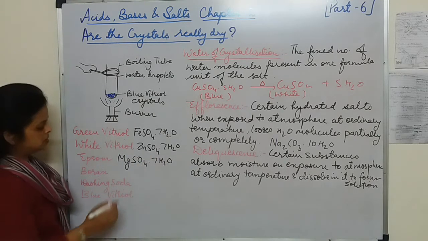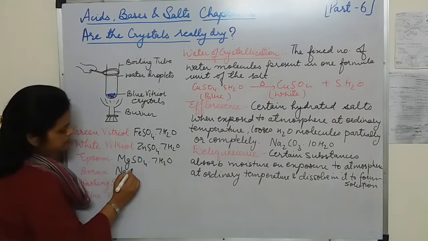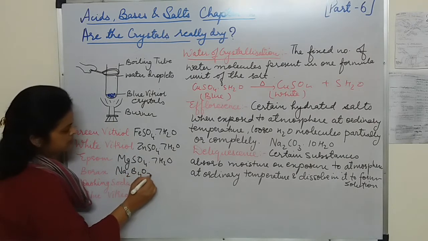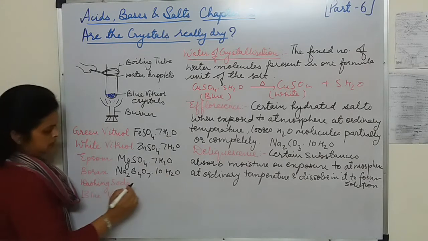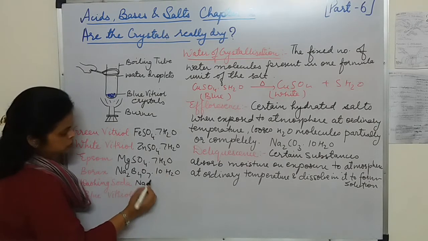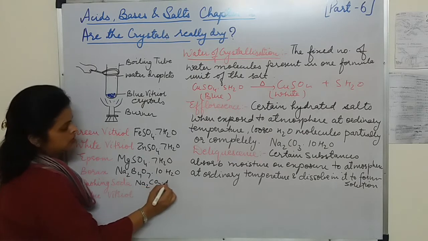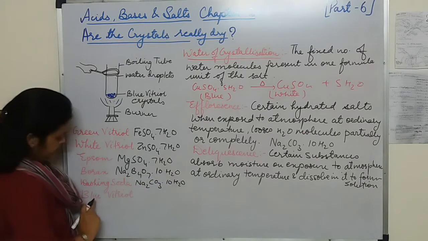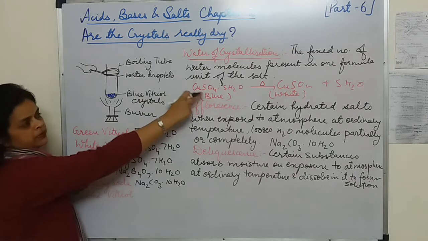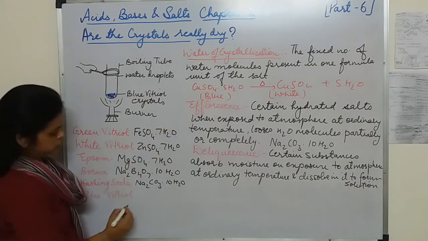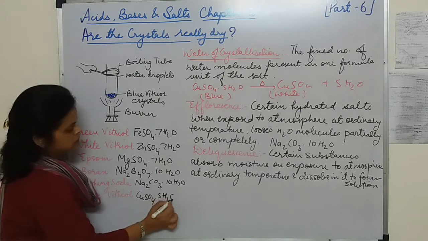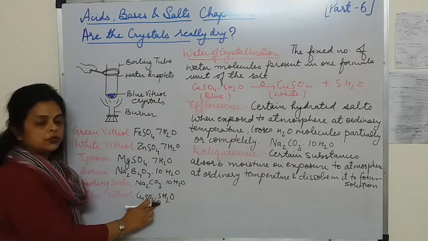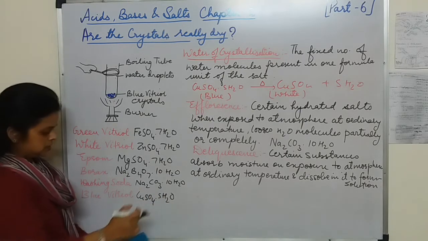Borax, that we had already discussed, Na2B4O7.10H2O. Washing soda, that we all know, Na2CO3.10H2O. Blue vitriol, copper sulfate, CuSO4.5H2O. So what are these 5 molecules of water of crystallization?